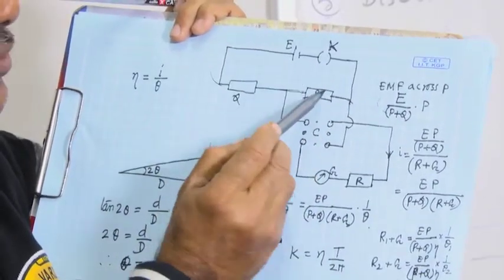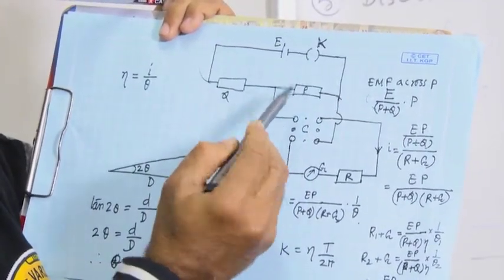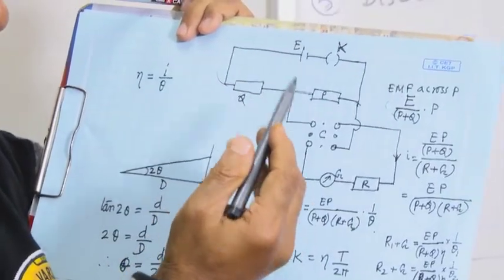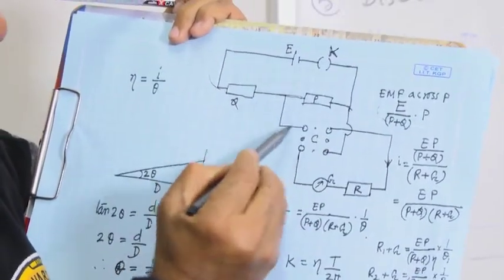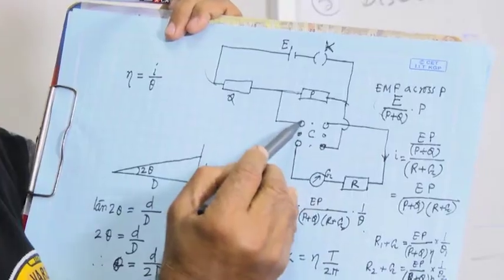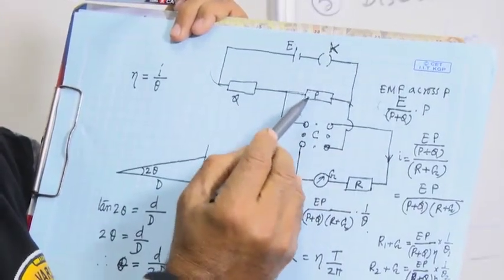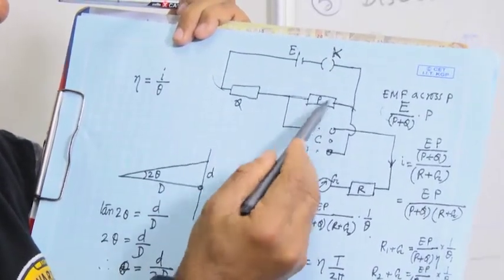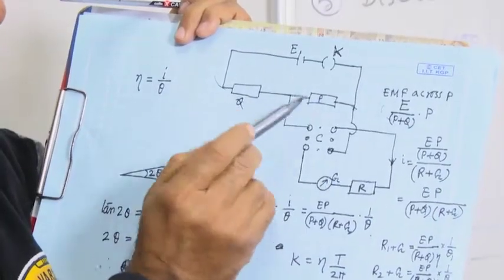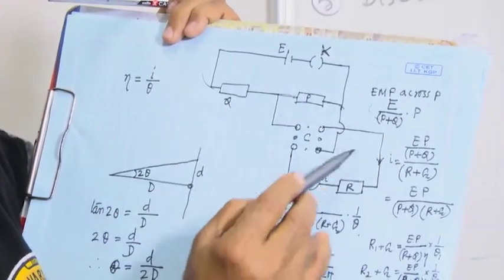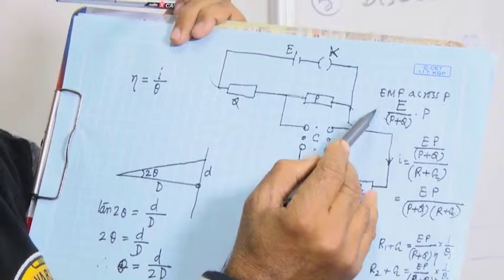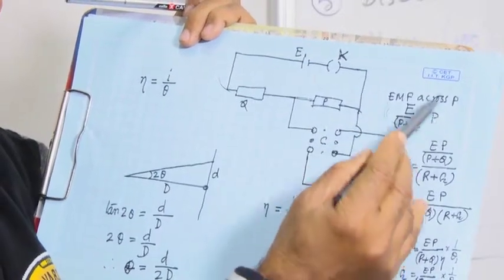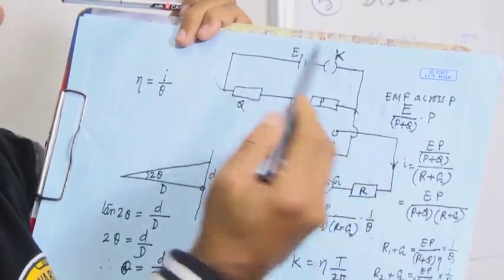Now this will act as a voltage source for this circuit. If I connect this way, this voltage drop, the EMF across P, is the power source for this circuit.